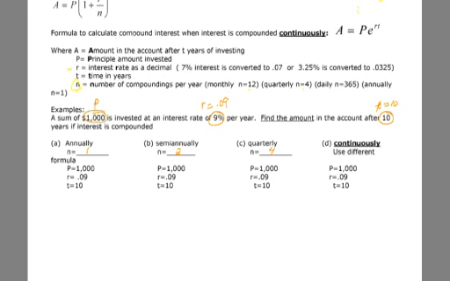If we have to calculate compound interest and it's described as the interest is compounded continuously, we bypass all this middle part with the n and the 1 plus, and we come up with the formula A equal to P times e to the RT power. So if they say continuously, in my mind I say, okay, I'm using the PERT formula.